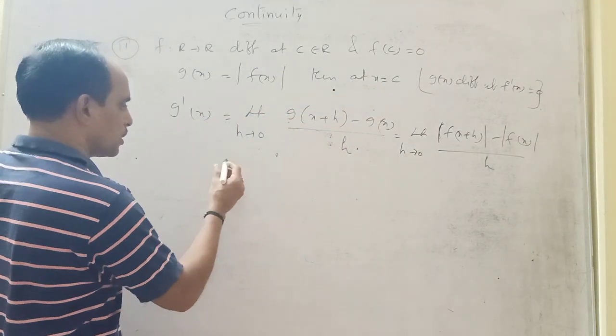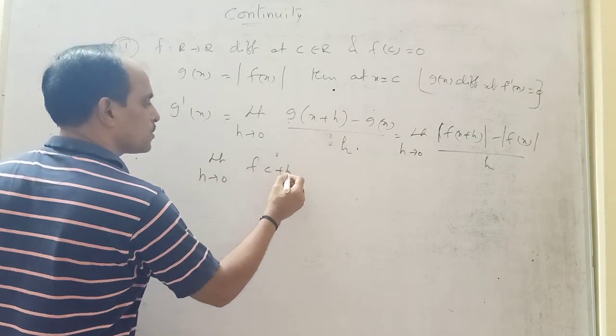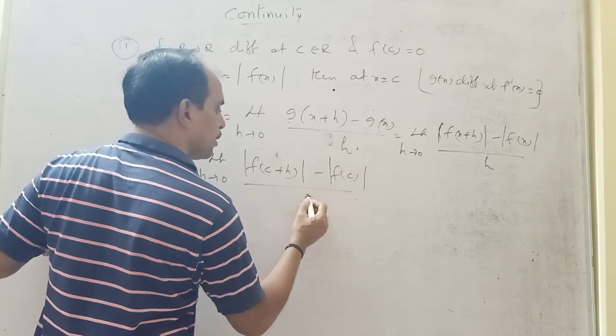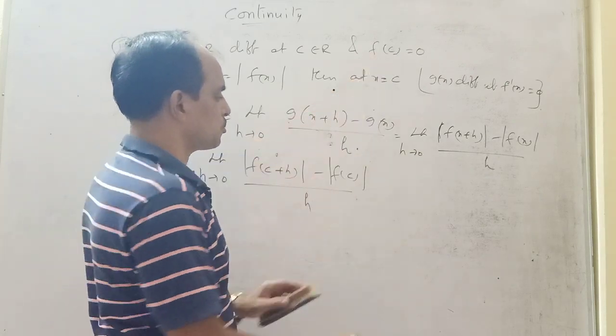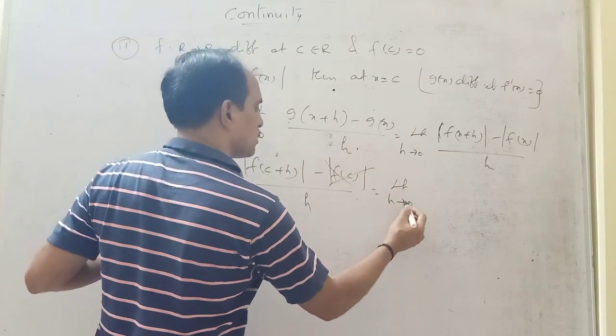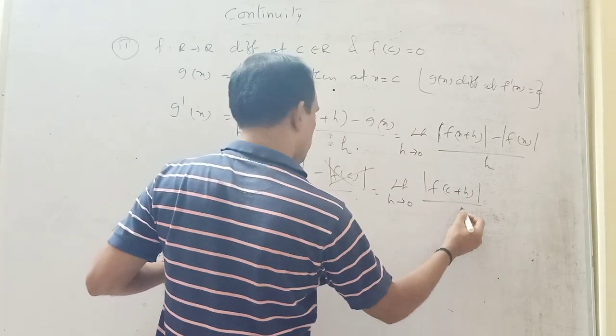Don't replace h. Just replace x with c: modulus of f of c plus h minus modulus of f of c by h. But f of c is equal to 0, so this becomes 0. Now we have limit as h tends to 0 of modulus of f of c plus h by h.